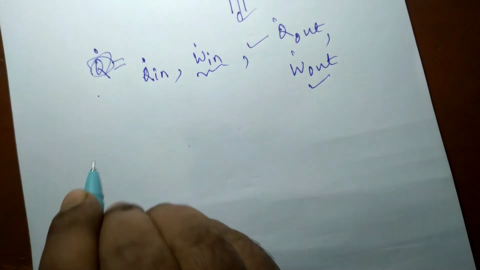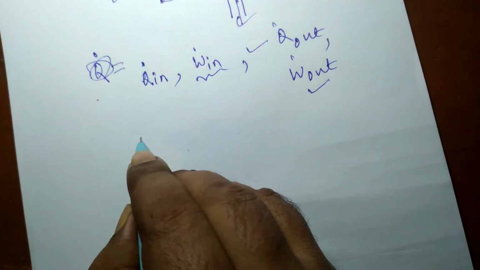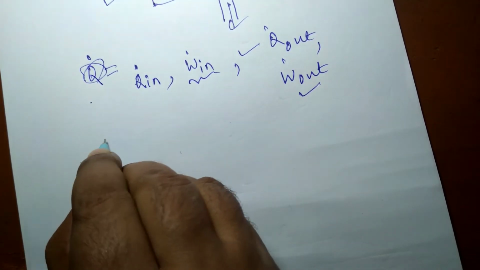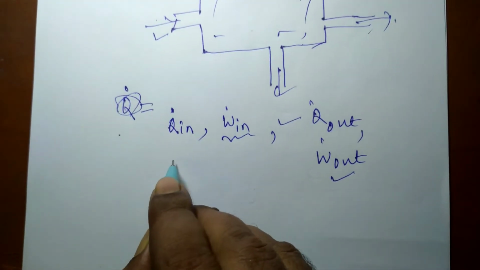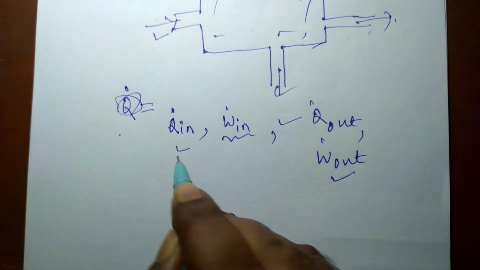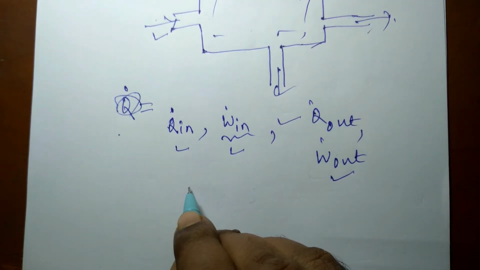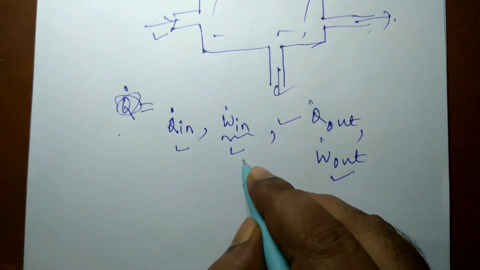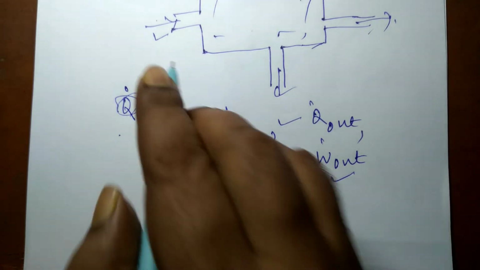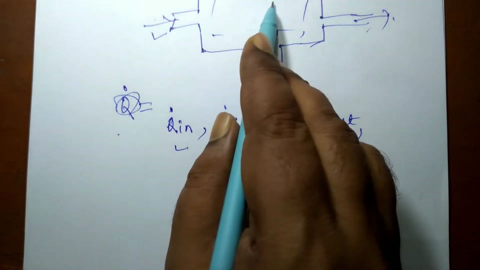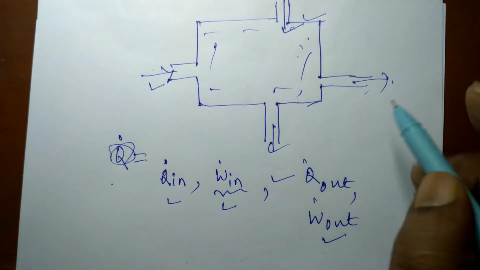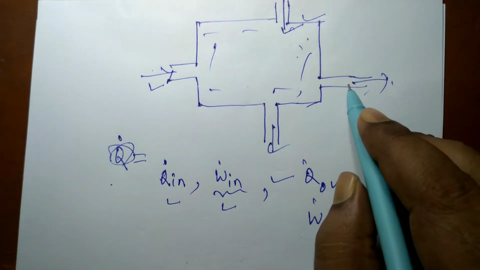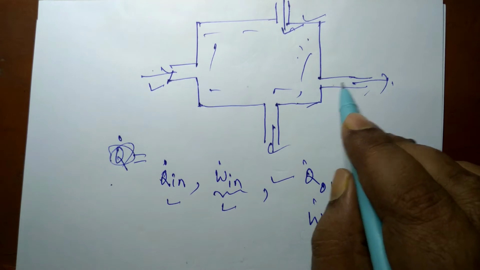What are the energy interactions in the open system? Energy interaction in an open system or control volume takes place in three forms. In a closed system, there can be energy interactions only in the form of heat or work. But in an open system, there is always some energy transport by mass also. While the mass enters the control volume, it carries some energy with it, and when the mass leaves the control volume, it carries away some energy with it.